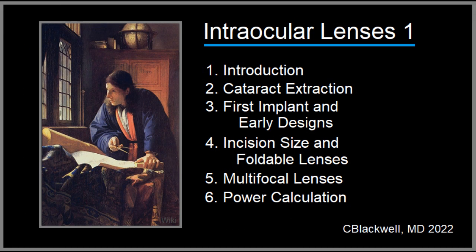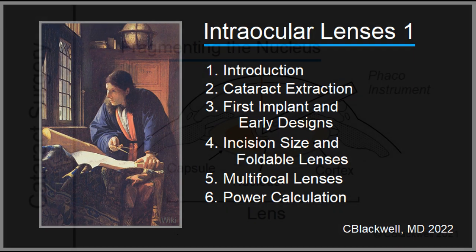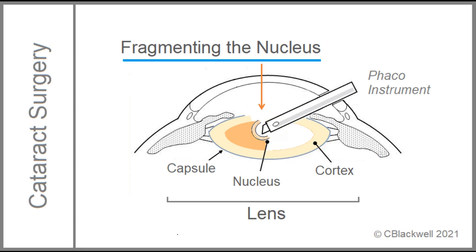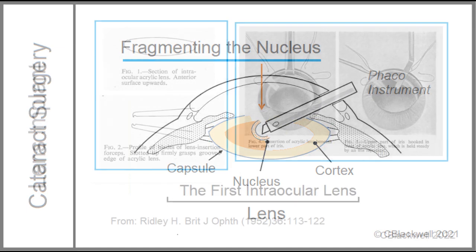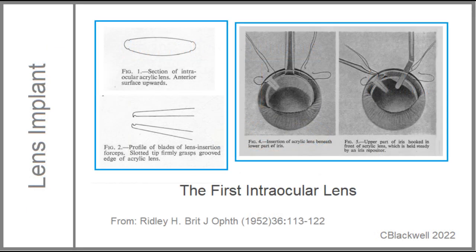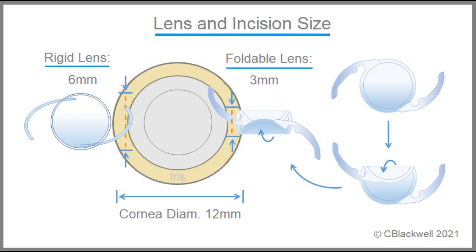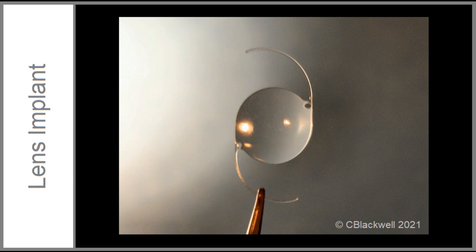If you have not seen the accompanying video, it gives you the background for what we presented here. We reviewed the basics of cataract surgery, the first implant and early lens designs, then the major changes that led to the modern lenses as we saw in this video.